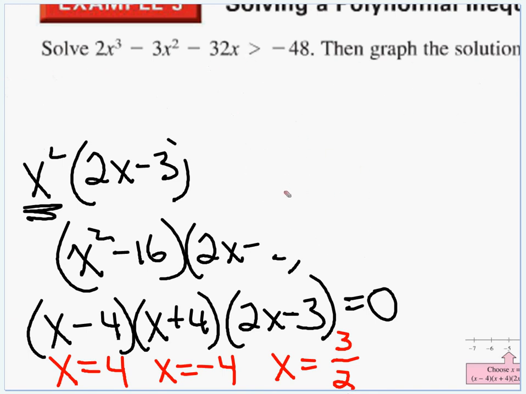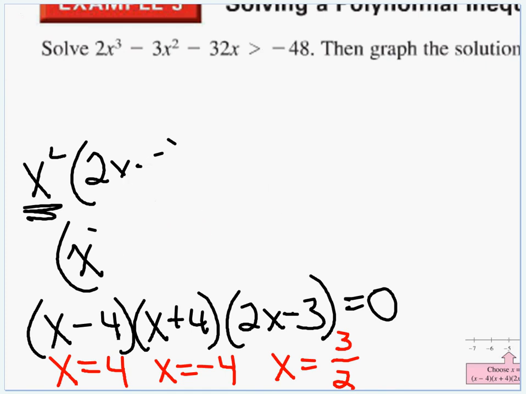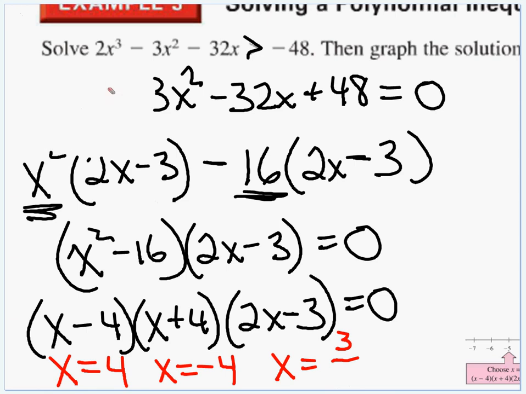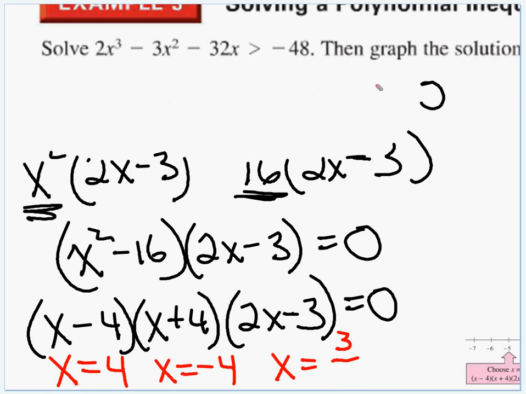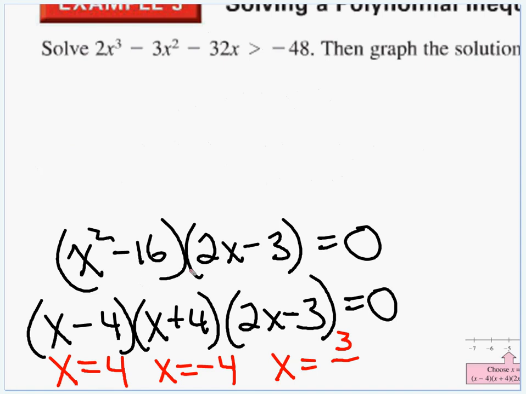When it comes to evaluating, we can evaluate either in this factored form. We can plug our test values in here and see what happens, or we could put it in the 3-termer. It doesn't really matter. Let's stick with the 3 terms.